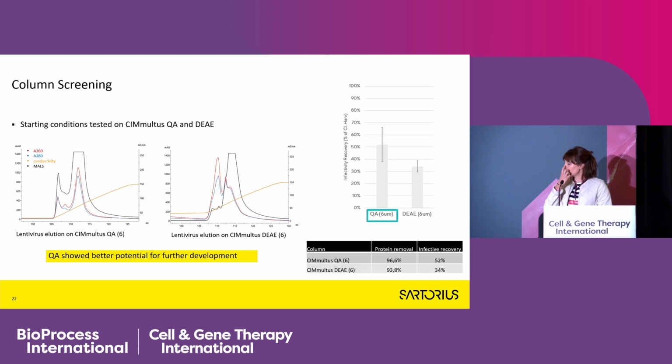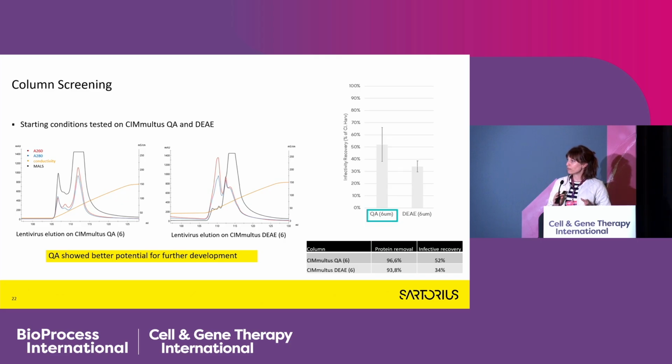We applied the lentivirus sample on both columns with more or less similar conditions, and as you can see, the chromatograms look very different. Here we also applied a mass detector, the black line, an additional orthogonal detector indicating the presence of particles, in our case the lentivirus.